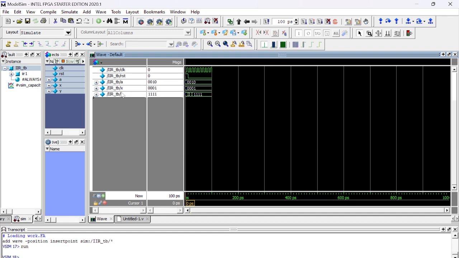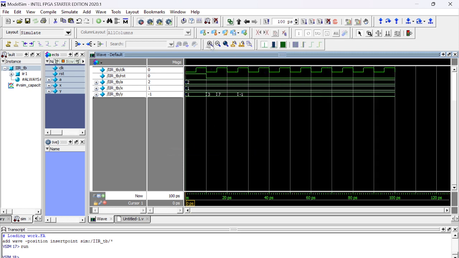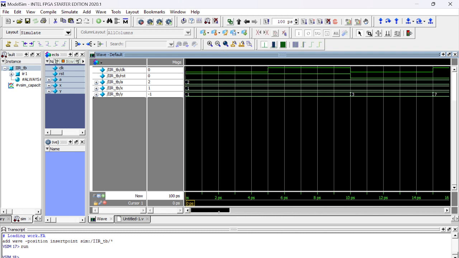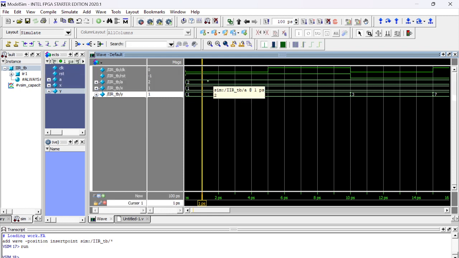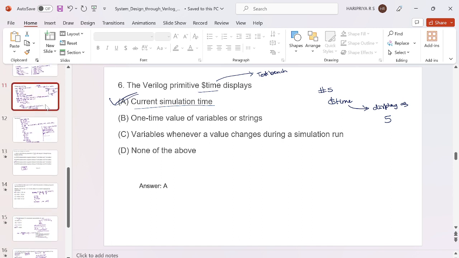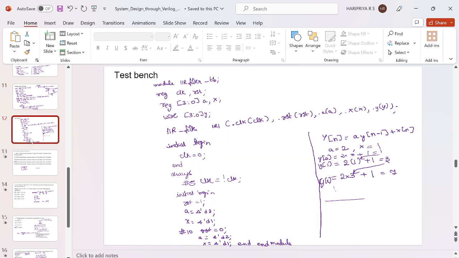You can change this to radix decimal. So first is 2 and 1, and then clock 0, reset 0. So y is 1. We have seen this: y of 0, 2 into 0 plus 1, so we got 1.